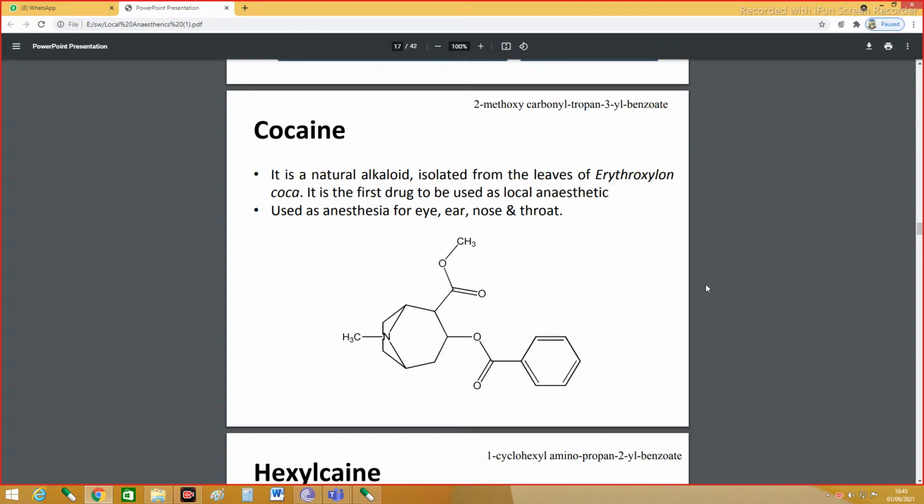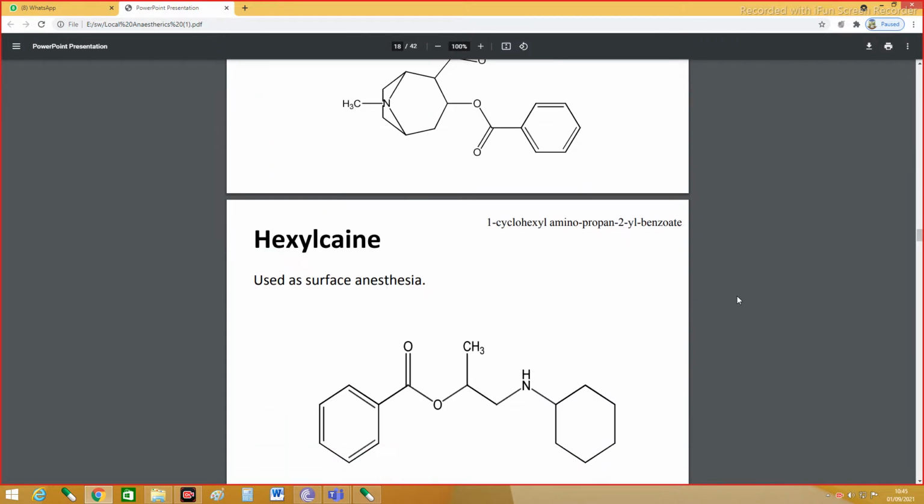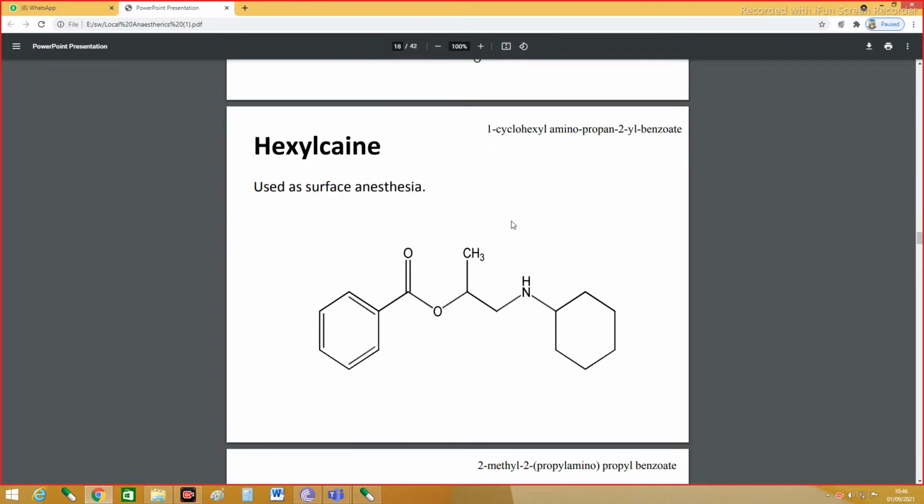The next molecule is hexylcaine. It is used as a surface anesthetic, and the IUPAC nomenclature of hexylcaine is 1-cyclohexylaminopropan-2-yl benzoate. Again, it is a type of ester, hexylcaine.